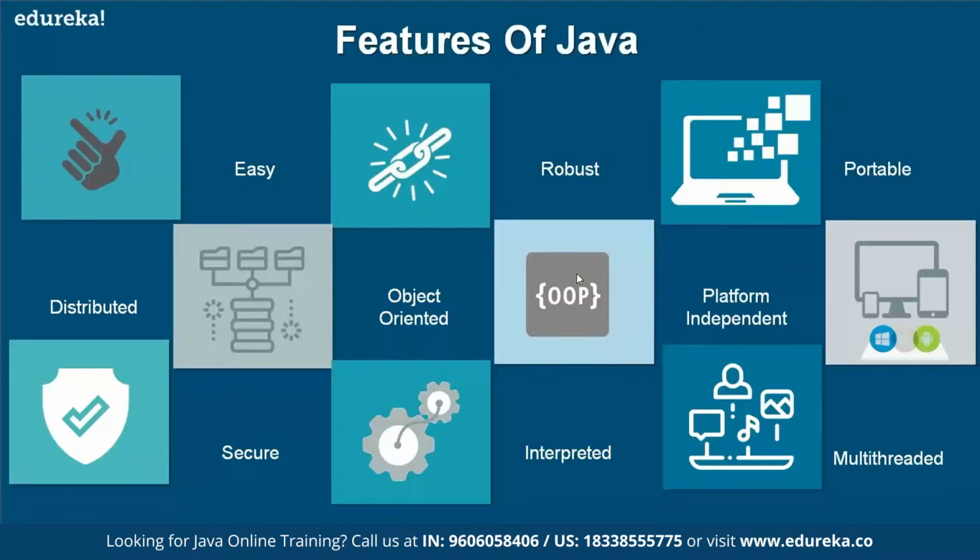Just imagine why we are studying a programming language to develop software. What is software? Application software. Application software is an implementation of a real world thing in the computer world.